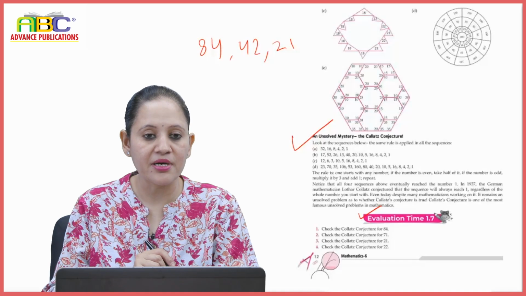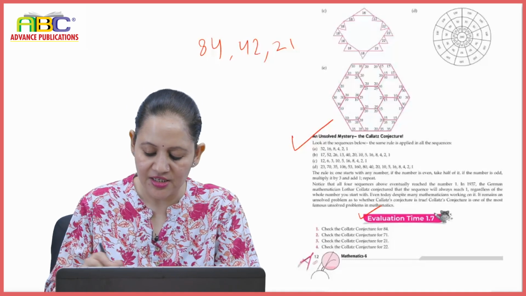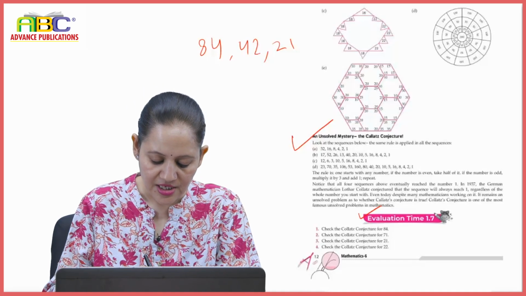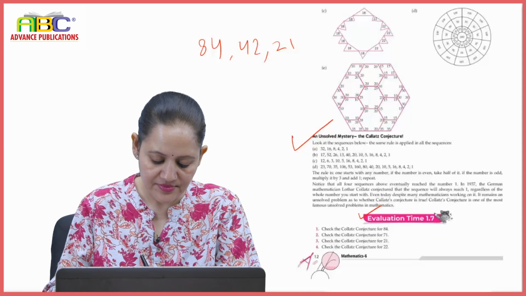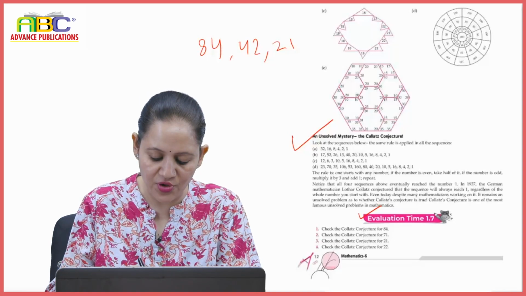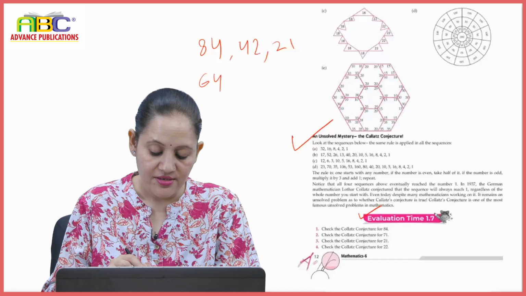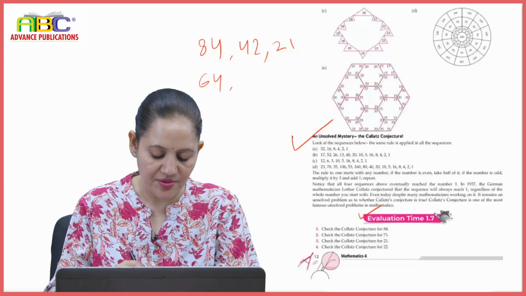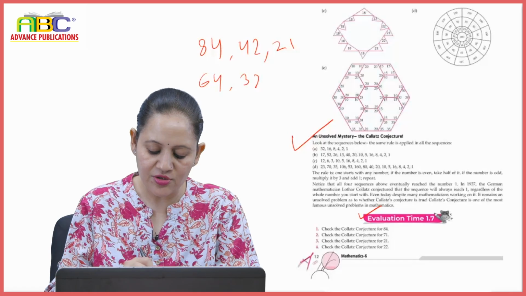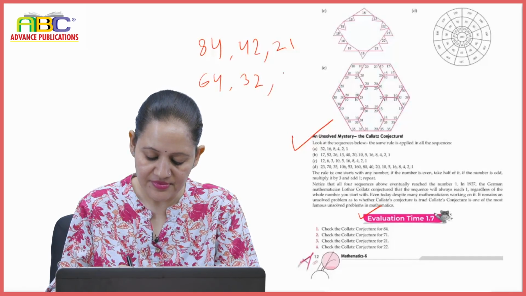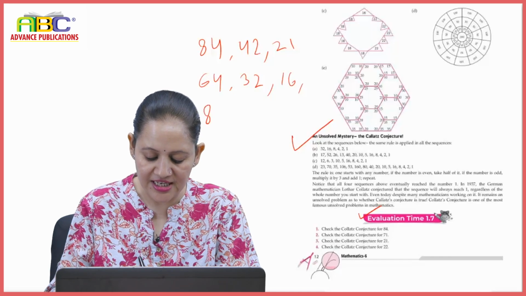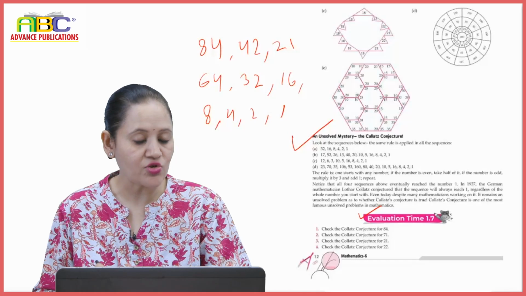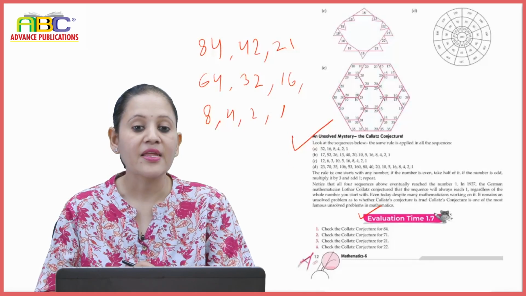Now it's an odd number, so we multiply it by 3. 21 into 3, 63, plus 1, 64. Now we will half it because it's an even number. 32. Now again we'll half it. Its half is 16, 8, 4, 2 and 1. So yes, it satisfies the Collatz conjecture.